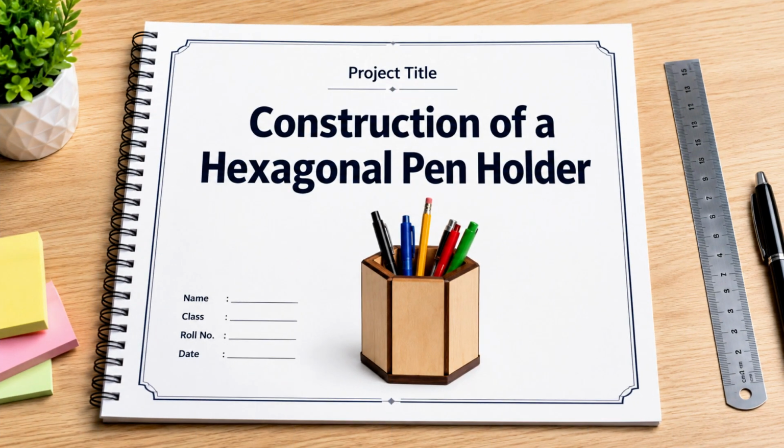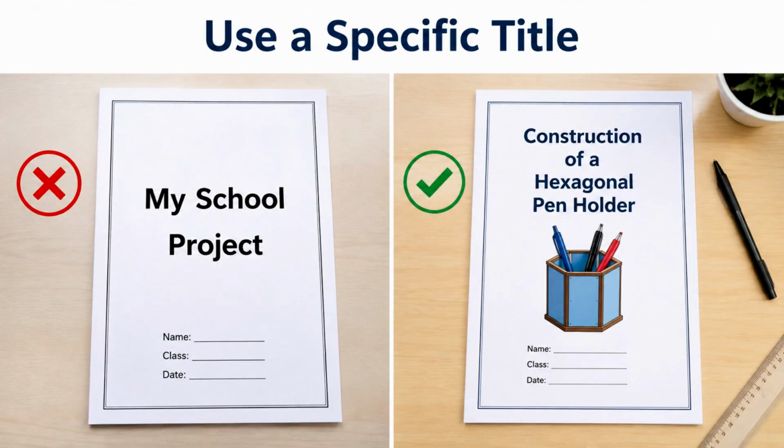Now, the title is the most important information on the front page. Why? Because it clearly explains what the project is about. You need to write it in large, bold, and easy to read letters, preferably near the upper center of the page. You should also avoid vague titles like my school project.